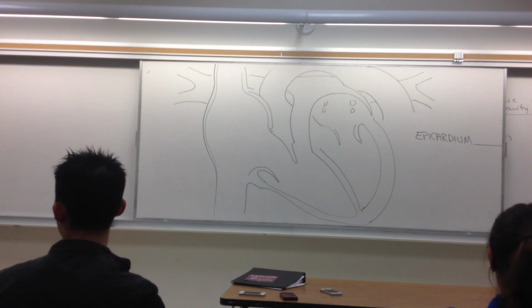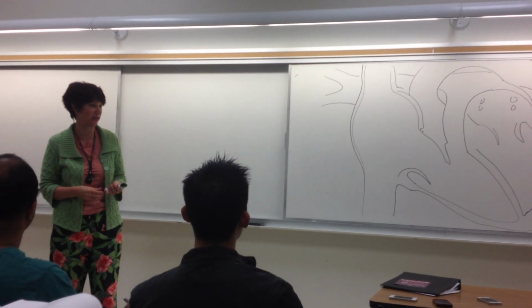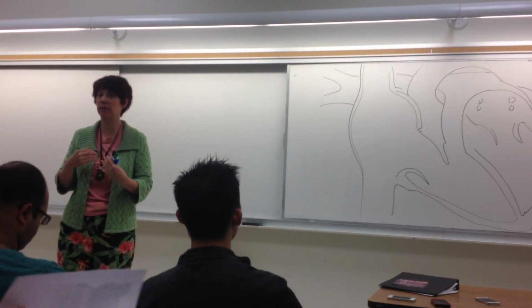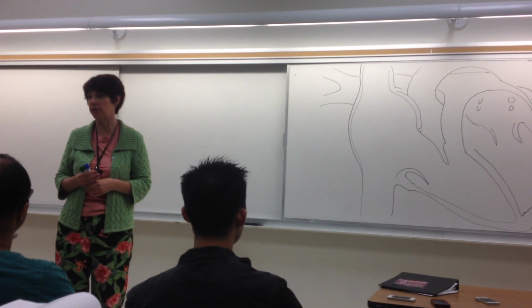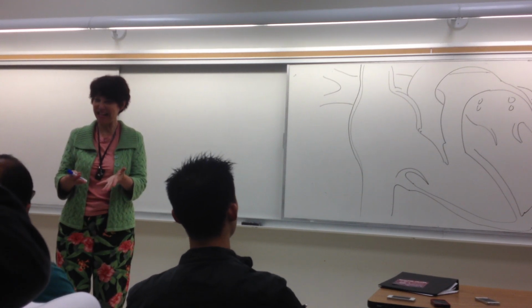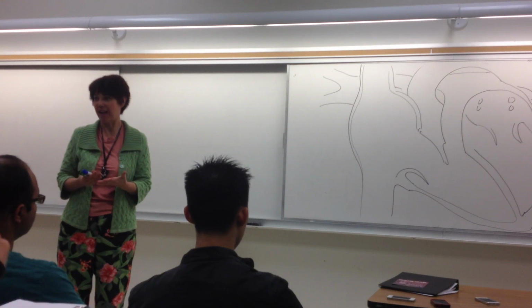So after the baby is born, instead of the uterus and the maternal blood being the source of oxygen, it is now the baby's own lungs. All right, so the blood flowing to the heart is going to be oxygenated or deoxygenated. Deoxygenated. And the blood coming back from the lungs is going to contain the oxygen.